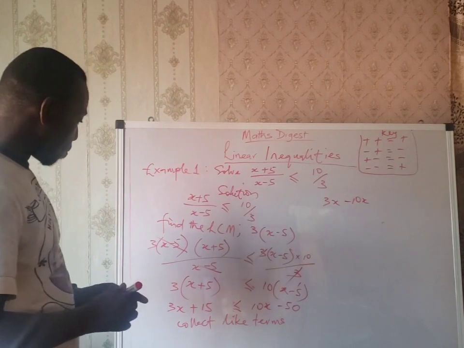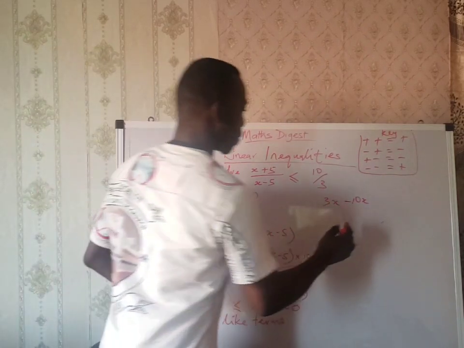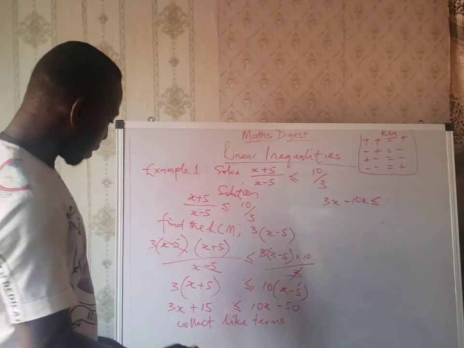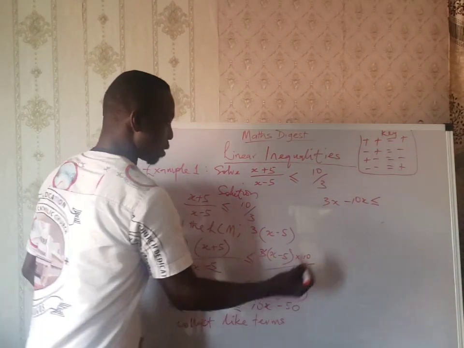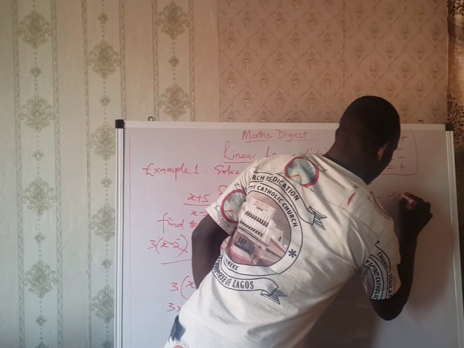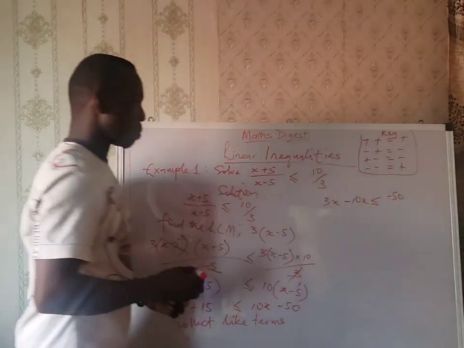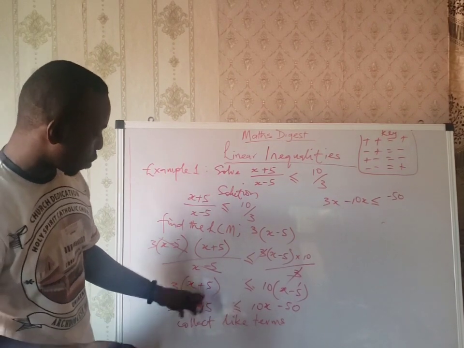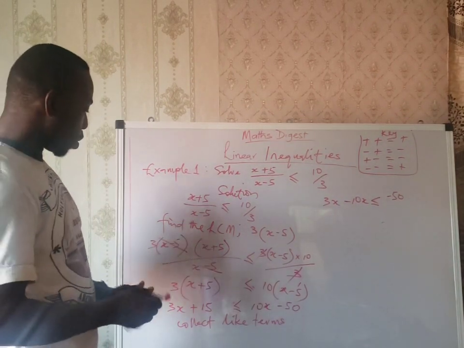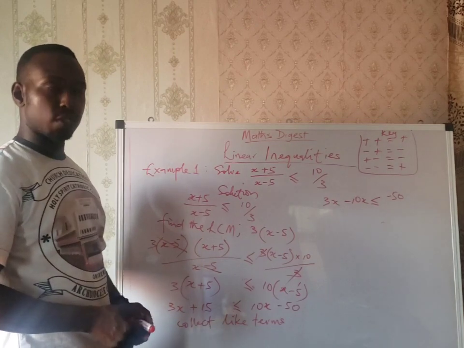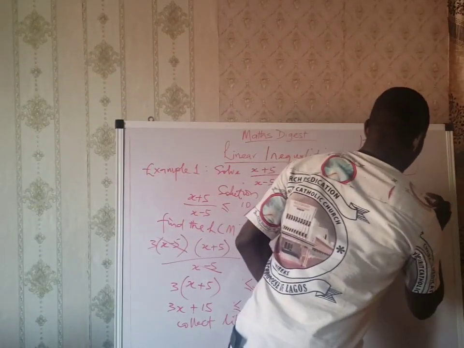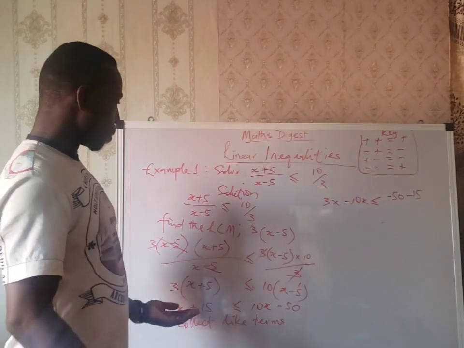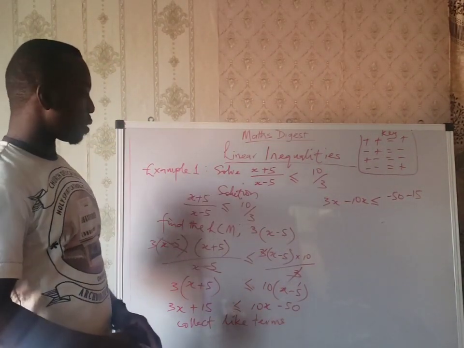Now we replace our equality sign. We have minus 50 here already, and this plus 15, crossing the equality sign, will change to minus 15. So this expression can now be this.